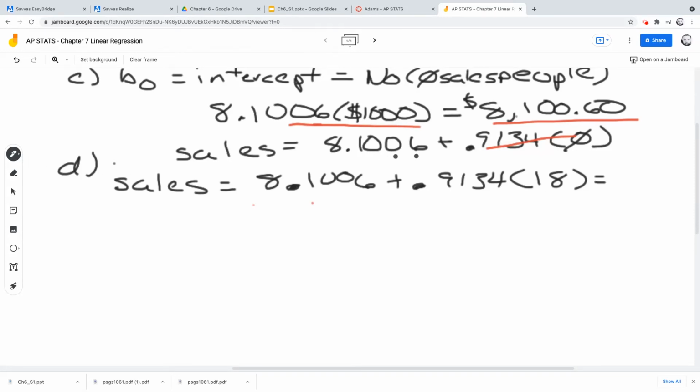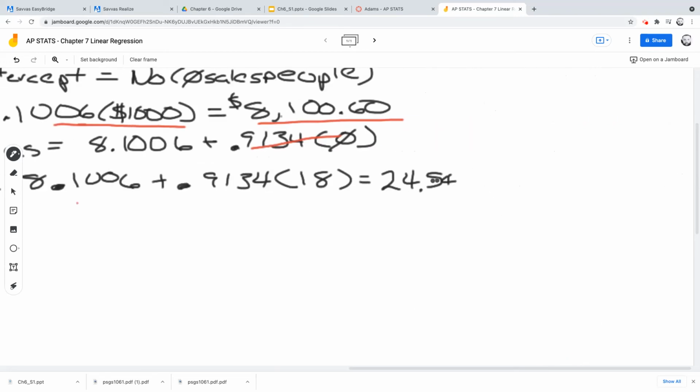So that would be 24.504 times 18, which means if you multiply that by 1,000, it should be 24,540. They rounded weird.